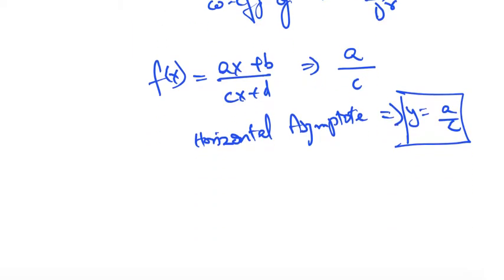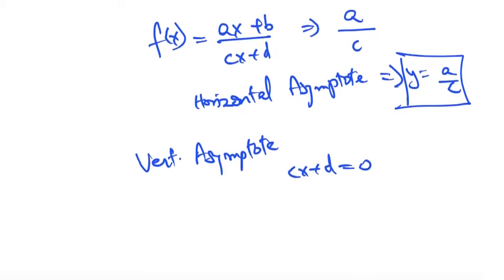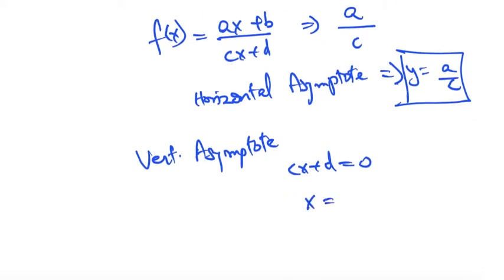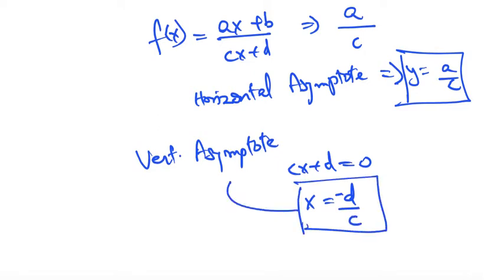And for the vertical asymptote, put cx + d equal to 0. So x = -d/c. This is your vertical asymptote.